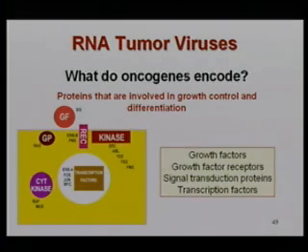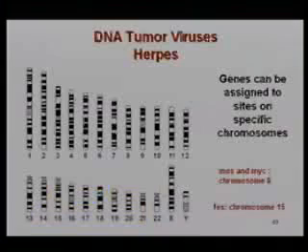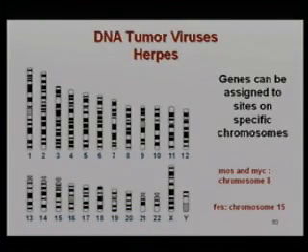So they're growth factors, growth factor receptors, signal transduction proteins, transcription factors. You need them, we all need them for normal development, but when they get switched on abnormally, too much cell division. So now we've seen how retroviruses do the job of turning on cells, either by carrying in an oncogene or by taking control of one of our proto-oncogenes.